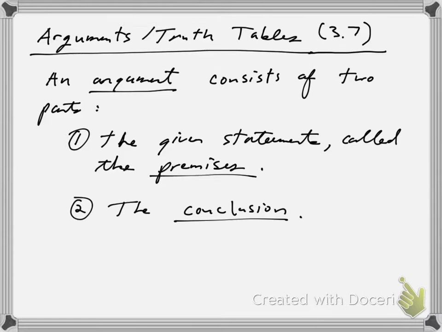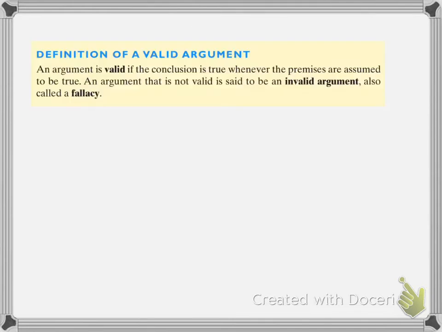Now, you might guess that the way we're going to actually determine if an argument is valid is by looking at the truth table. Okay, so how do we determine whether an argument that is given is valid? Well, this is how we're going to define a valid argument in this class. An argument is valid if the conclusion is true whenever the premises are assumed to be true.